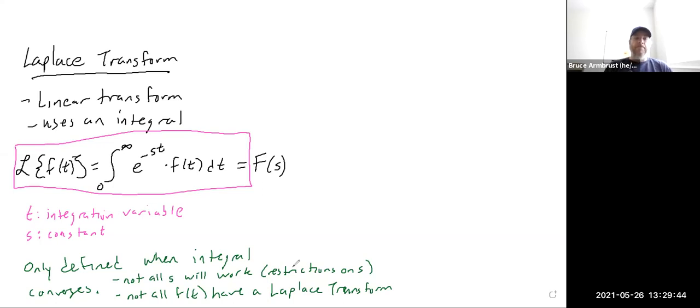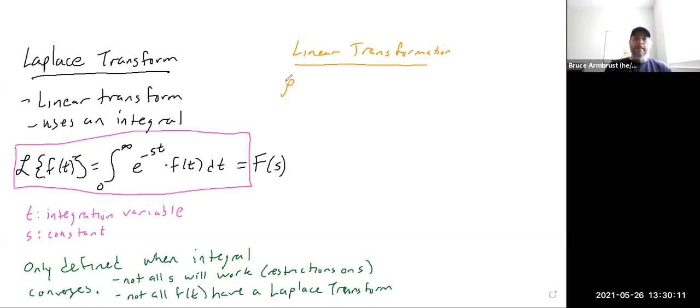All right, so just some consequences of the infinite thing. Now, I do want to point out and show you that this is a linear transformation. It's pretty easy to see, actually.